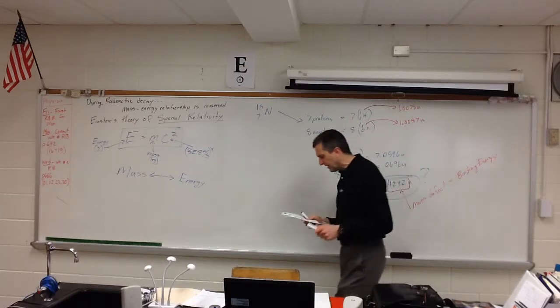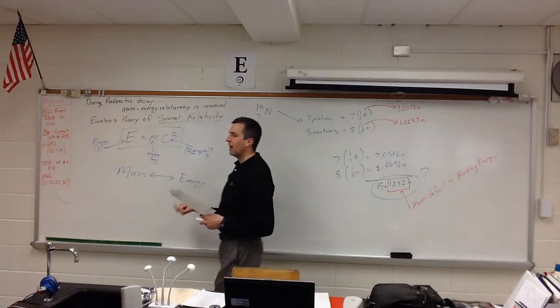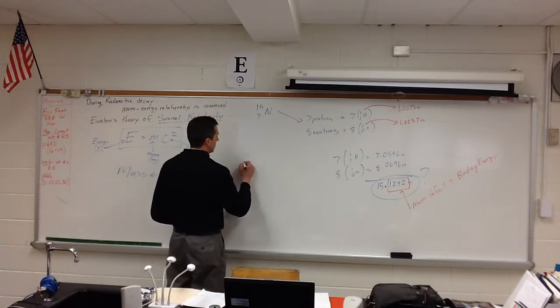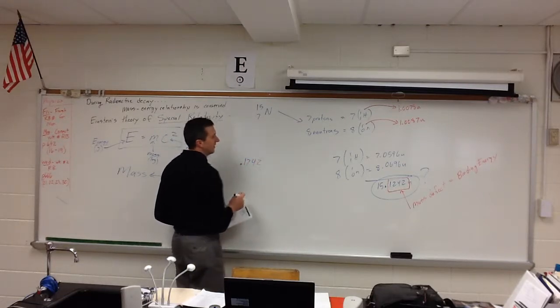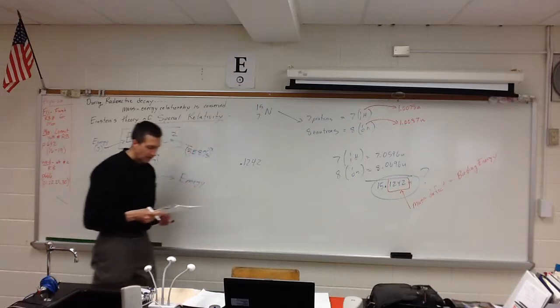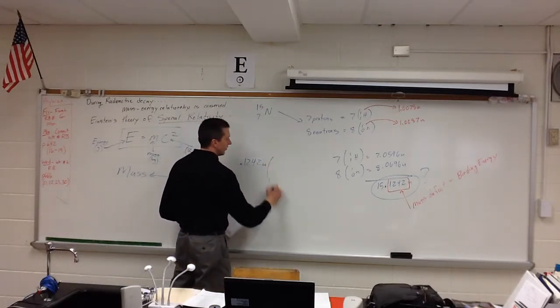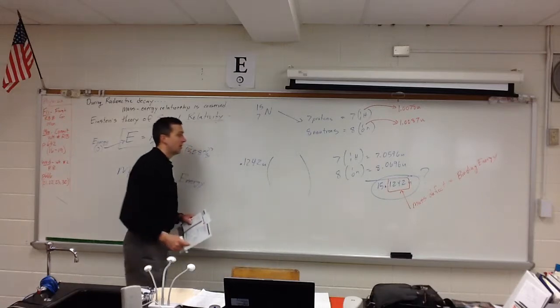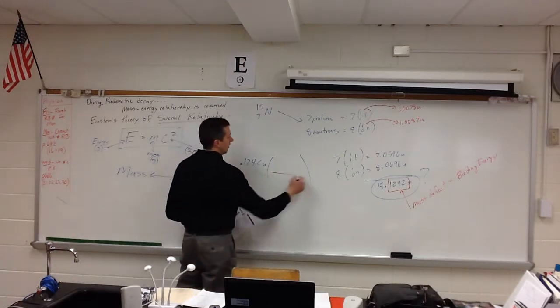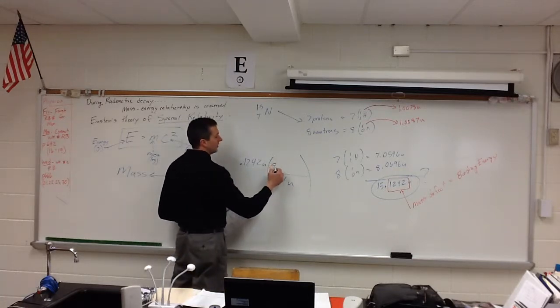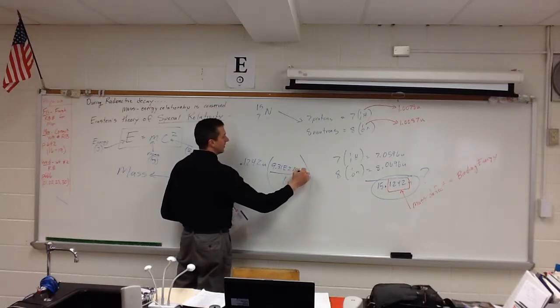So, let's figure out how much binding energy this really is. That should be easy. If I take the 0.1242 part of it, the leftover part there, I can use my handy-dandy conversion that we just saw a moment ago, where 1 AMU was equal to 9.31 E2 mega electron volts.